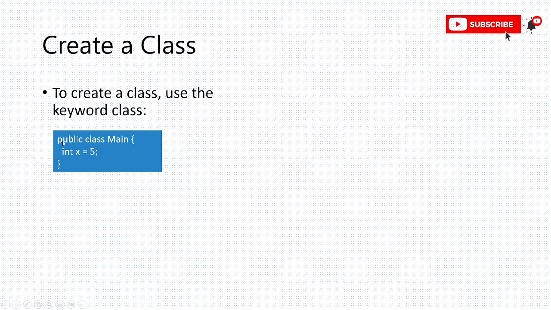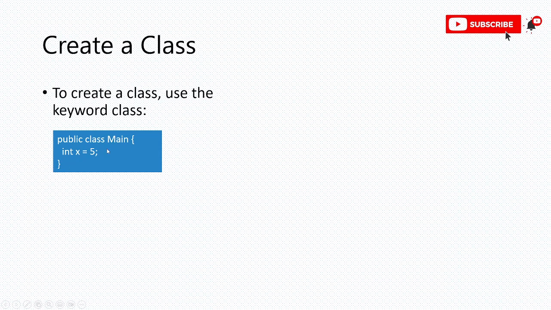You need this public, which is the access modifier, either public, private, or protected. The class keyword is required. Then you write the name of the class. Make sure that the first letter in the name of the class is capital, and then open and close braces.